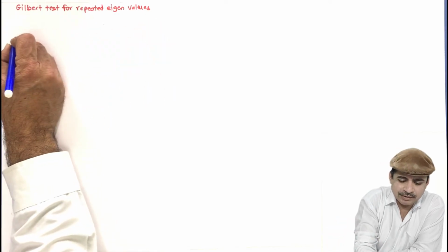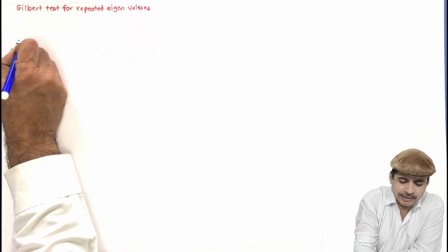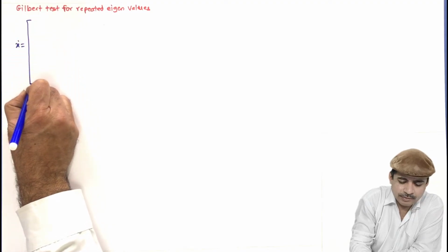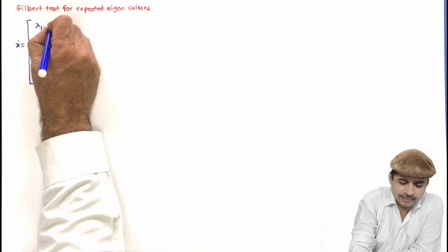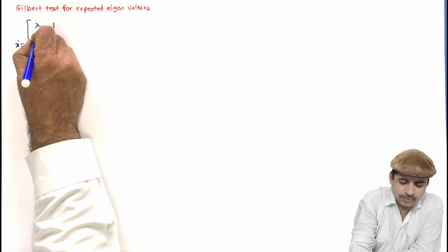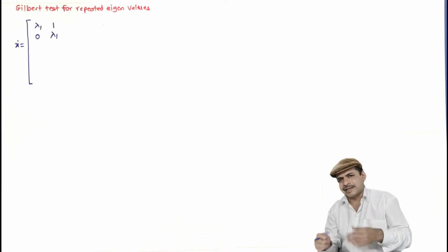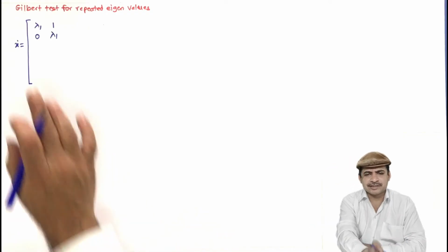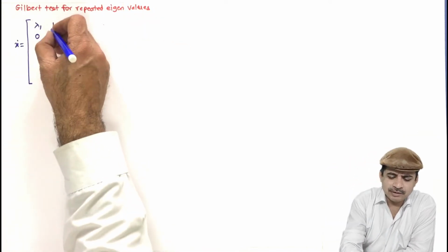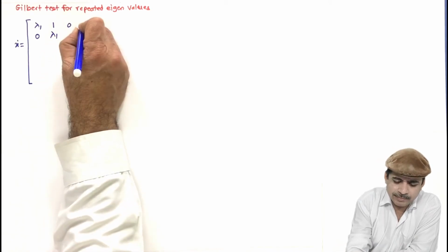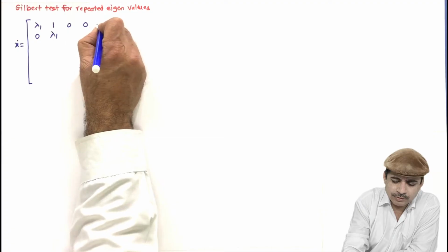So the model can be say x dot, say lambda 1 is repeated, so 0, this will be 0, this will be lambda 1, and lambda 1 is repeated twice. It can be repeated any times, but let us consider the case of this 2 only, and then the remaining values are 0.